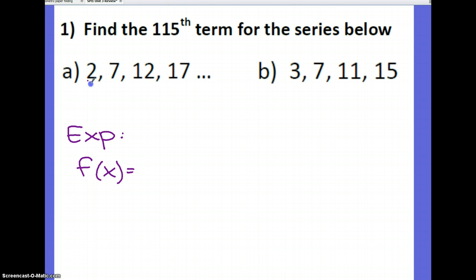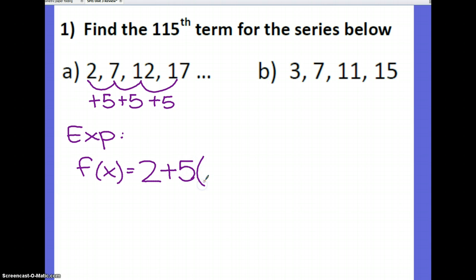sequence. So if you find the pattern, this one is adding 5 every time. And that's true for the whole thing. It adds 5. And so explicit, we can write the first number. And then it's adding 5.